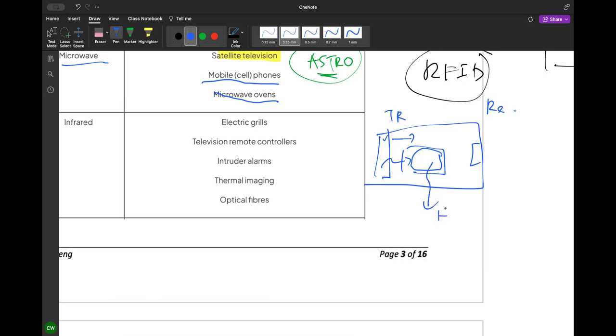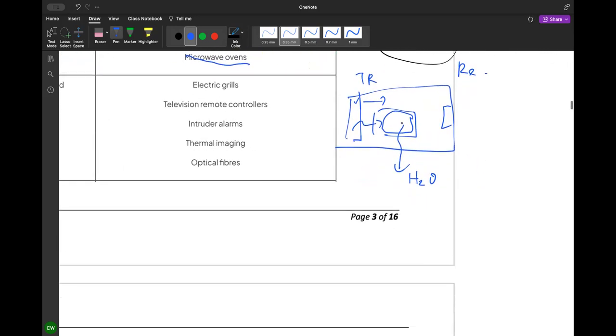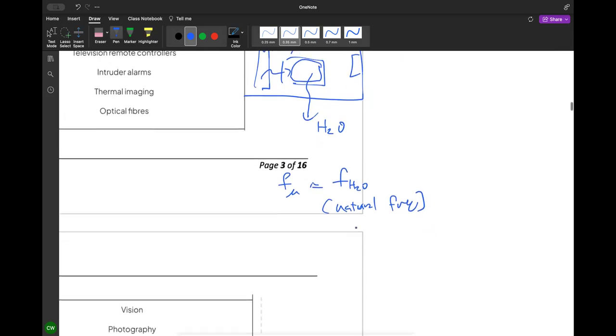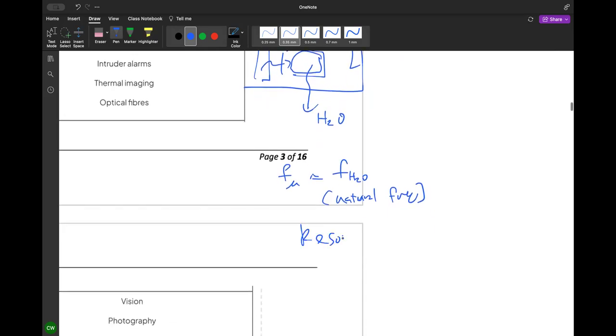Inside the food normally got water molecules. So the frequency of microwave is close to the natural frequency of water. If it's close to natural frequency, something will happen. It's called resonance. Do you remember what is resonance?